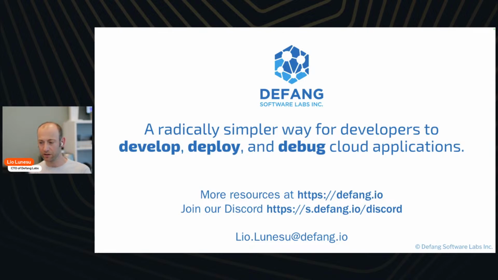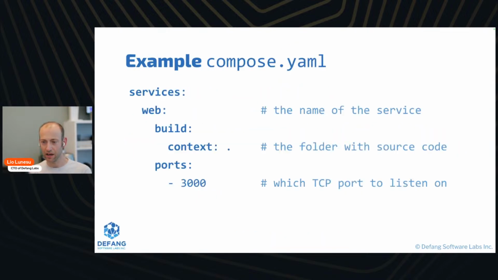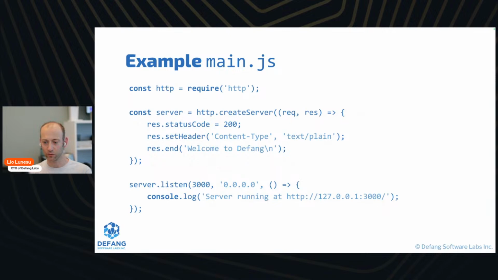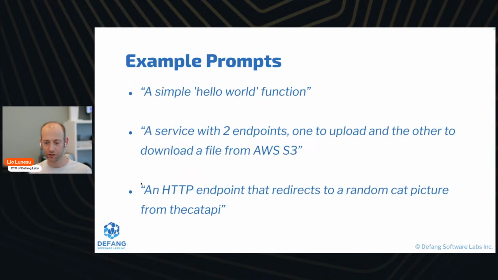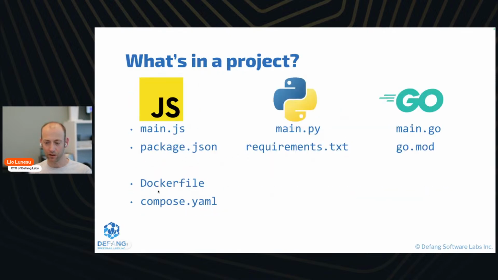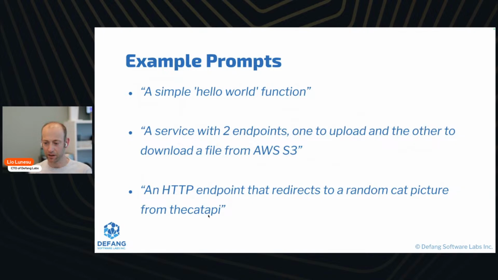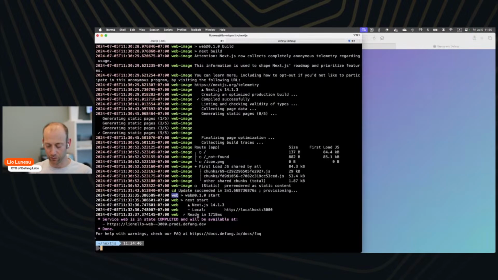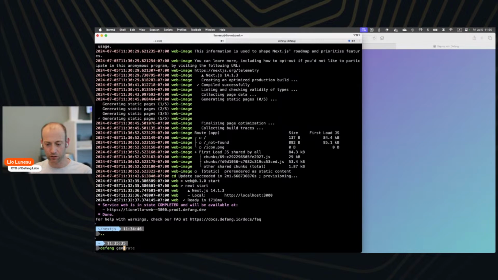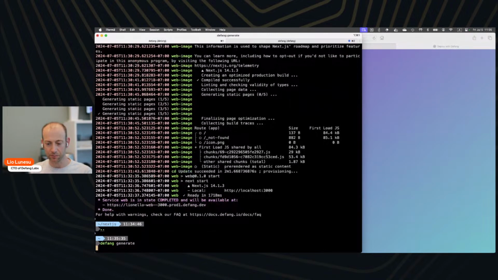Before we go to this slide, let's head back and try one of those generations. For example, I want to try this cat API prompt. So we go here, I'll go up one folder and I'll do Defang generate.